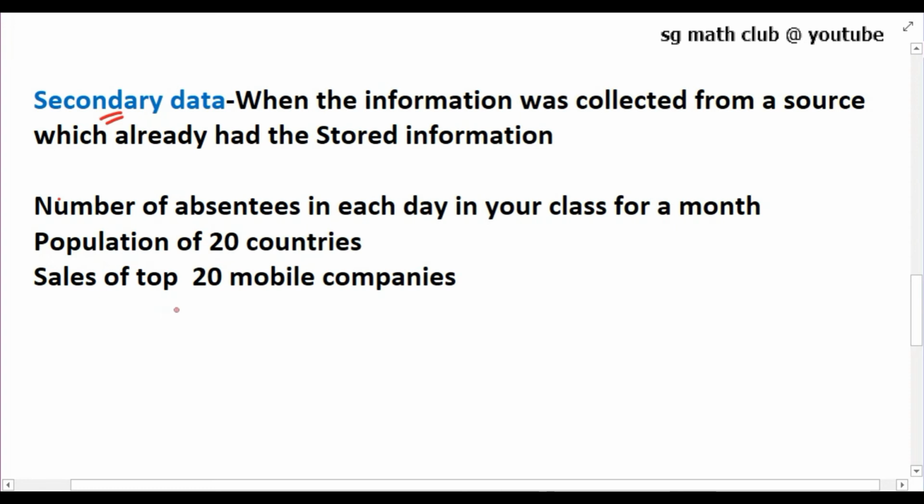Again, sales of the top 20 mobile companies for the last year. First you will search for the top 20 mobile companies, then you will search their sales reports and find out. So you are collecting the information from a source which already had the information stored. Such type of data is called secondary data.